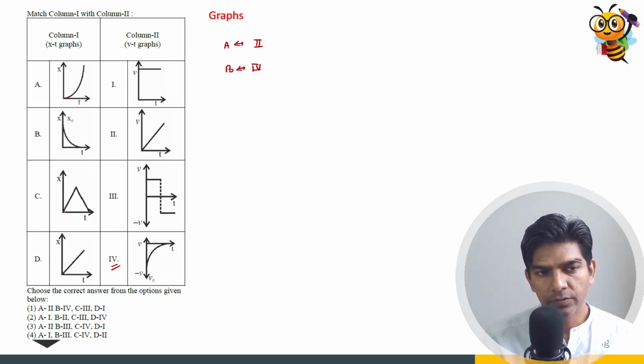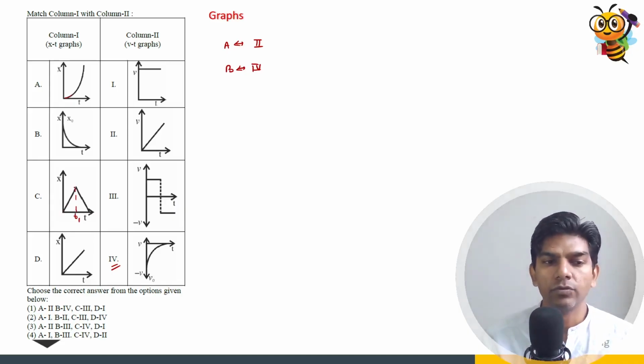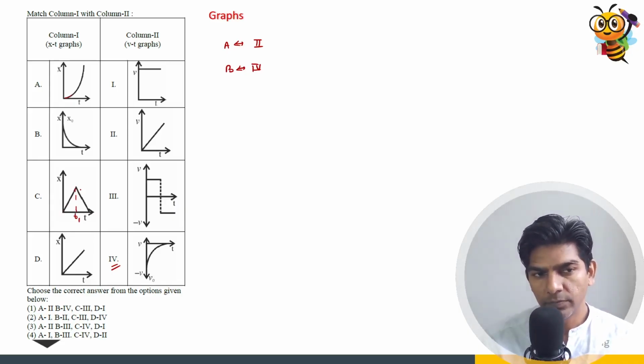And in C, first we have a linear graph up to a certain time, and then again a linear graph. From 0 to t1 position is increasing linearly, so velocity will be constant, and it will be in the positive direction. But after that we have a negative slope, so velocity will also become negative.